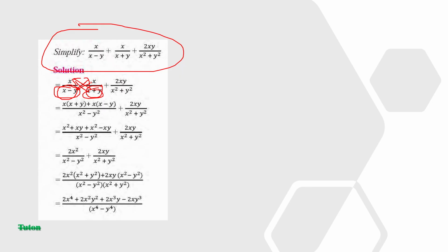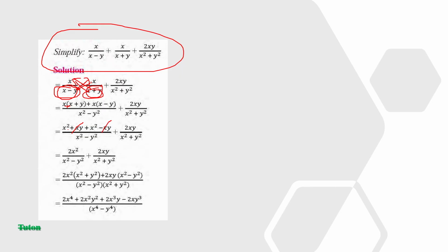After carrying out the multiplication and opening the brackets, x multiplied by x gives x squared, and x multiplied by y gives xy. Then x multiplied by x gives x squared, and x multiplied by negative y gives negative xy. Positive xy and negative xy cancel each other.